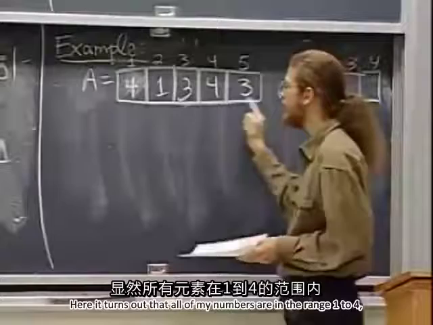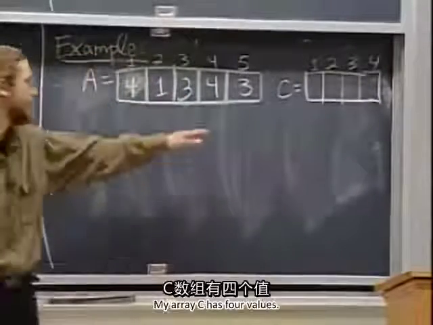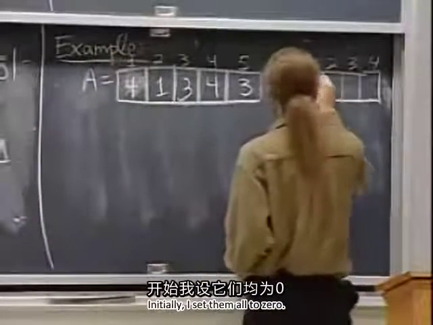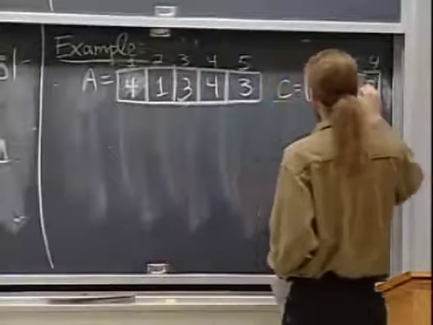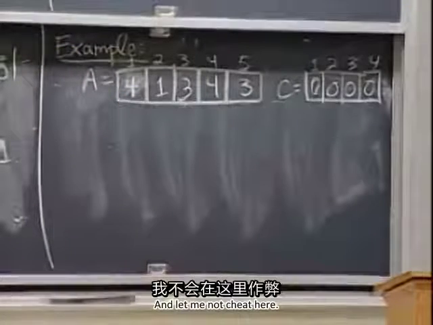Here it turns out that all my numbers are in the range 1 to 4, so k is 4. So my array C has 4 values. Initially, I set them all to 0. That's easy. Now I want to count through everything, and let me not cheat here.